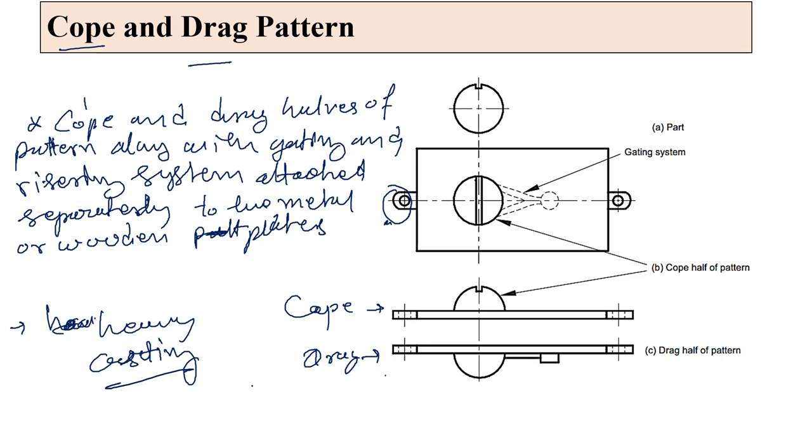So we can produce this pattern in two portions, cope and drag, with the gating system separately, that can be assembled to form the complete mold cavity.